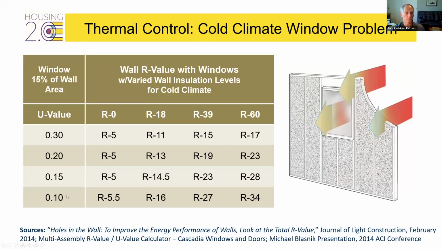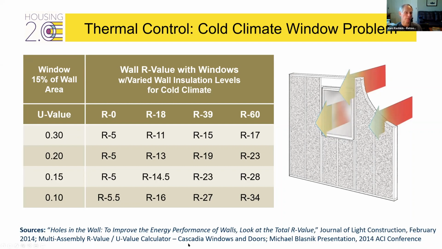And as an example, I just ran some calculations for a cold climate with only 15% of the wall actually window area. And then I showed various R value assemblies for the wall assembly from R0 to R60 in the horizontal axis across the top, and various U values for window assemblies from an Energy Star 0.3 U value all the way down to 0.1, which is an R10 window.